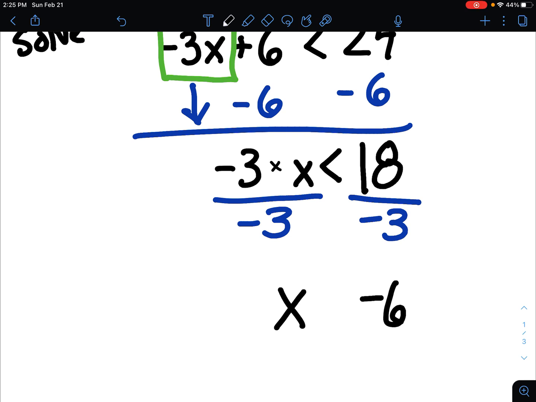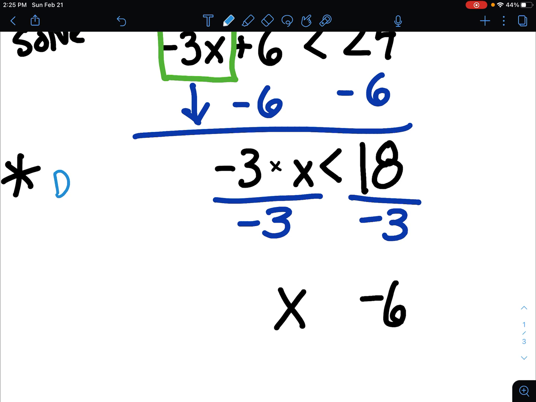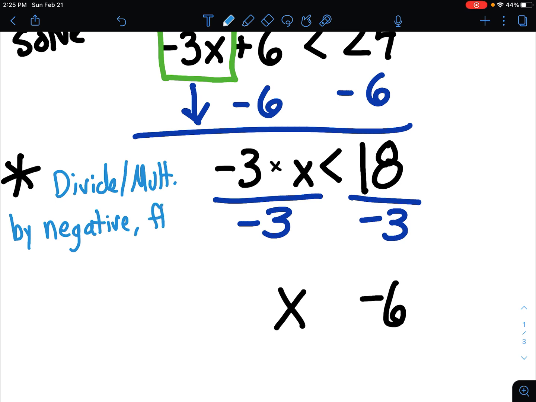Also, remember, key, I cannot say this enough. It is key for you to remember: if you divide or multiply by a negative, you flip the inequality symbol.